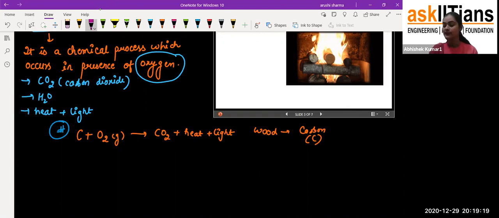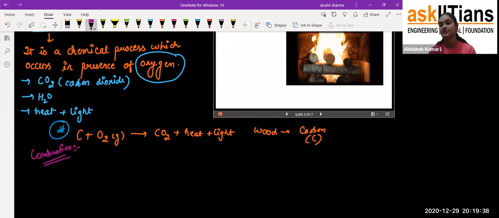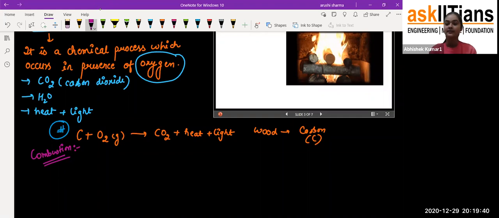In the presence of oxygen, we get carbon dioxide, heat and light. This type of reaction is called the combustion reaction.